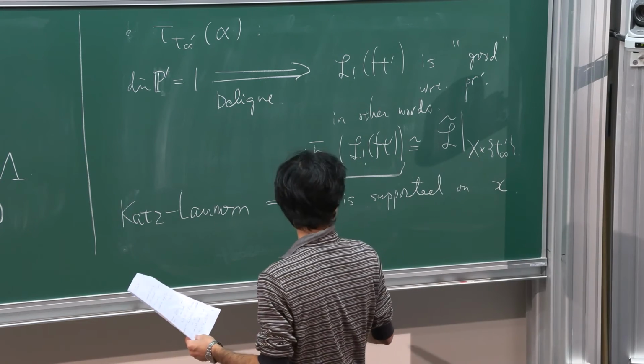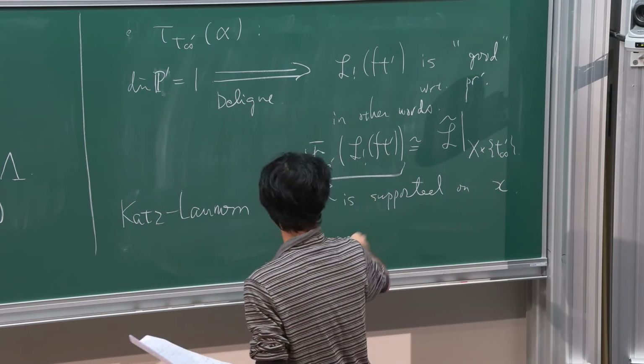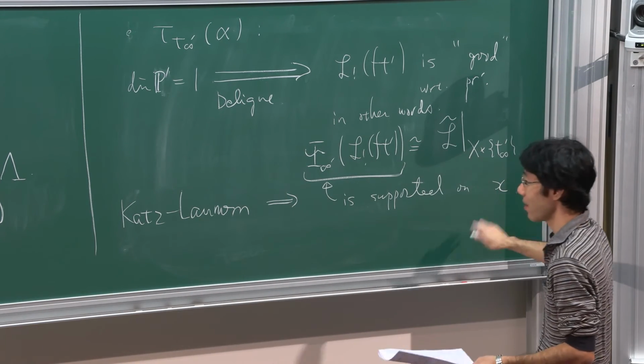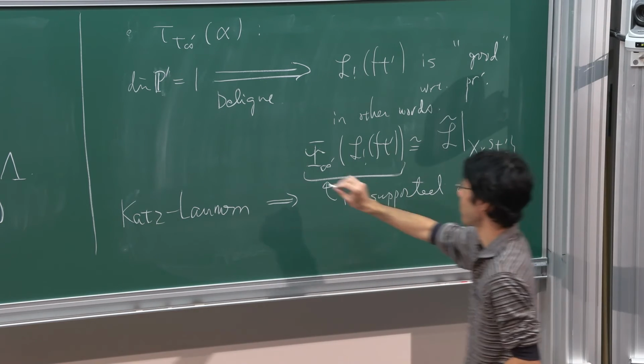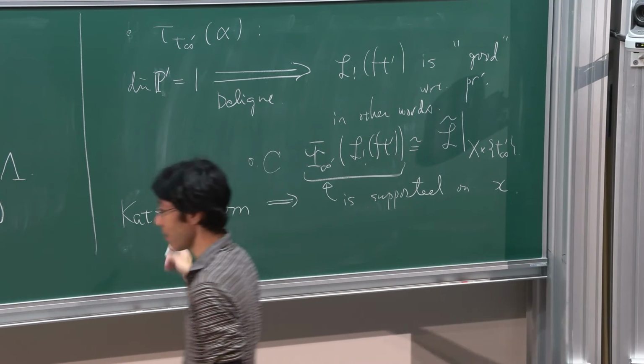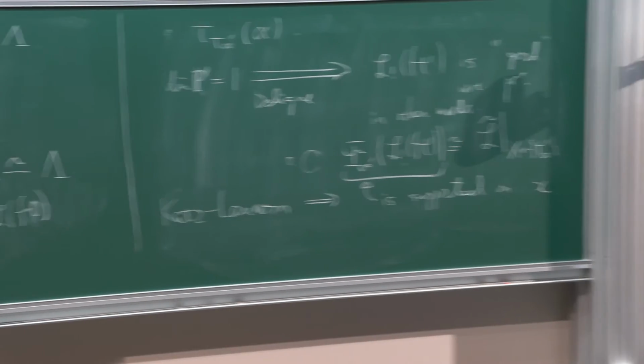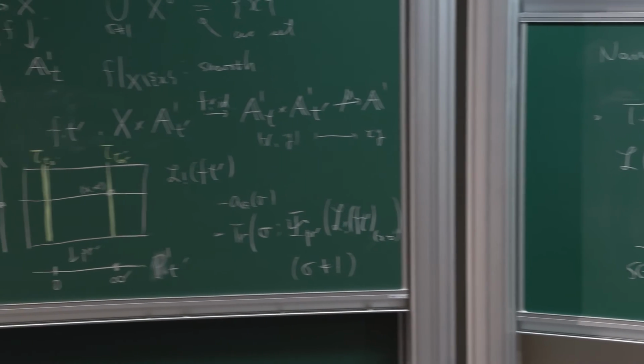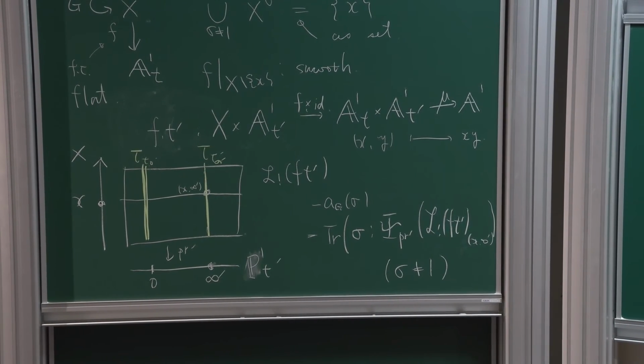Okay, then, combining this, it's just supported on X, and you have sigma acting on this guy. So let's just verify the trace is just a normal trace at that point. So I get this theorem.